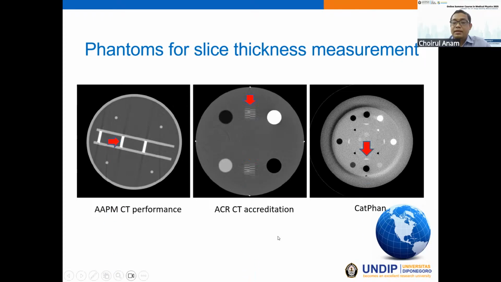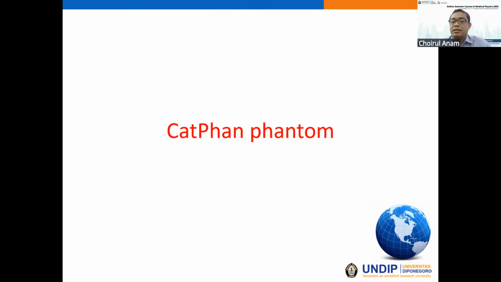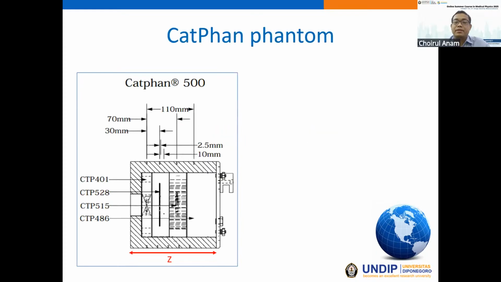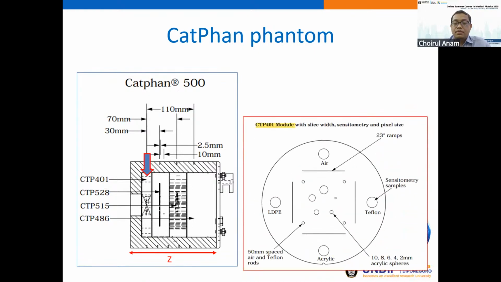Okay, and this is the object for measuring the slice thickness for the three phantoms. Now we will discuss the design of the CatPhan. This is the module for measuring the slice thickness, module number CTP401. This is the ramp, the wire with a shallow angle of around 23 degrees.